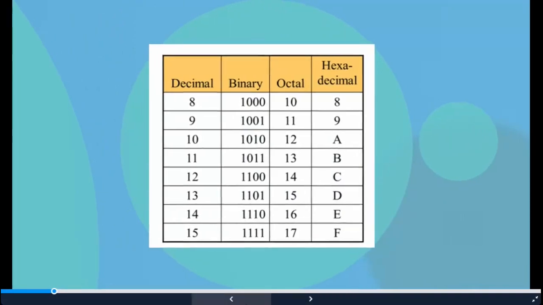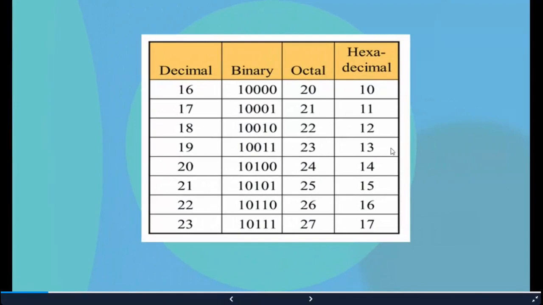So you get the idea. It's going to be 1 8 1 9, and then 1A, 1B. So that's what happens with the hexadecimal.